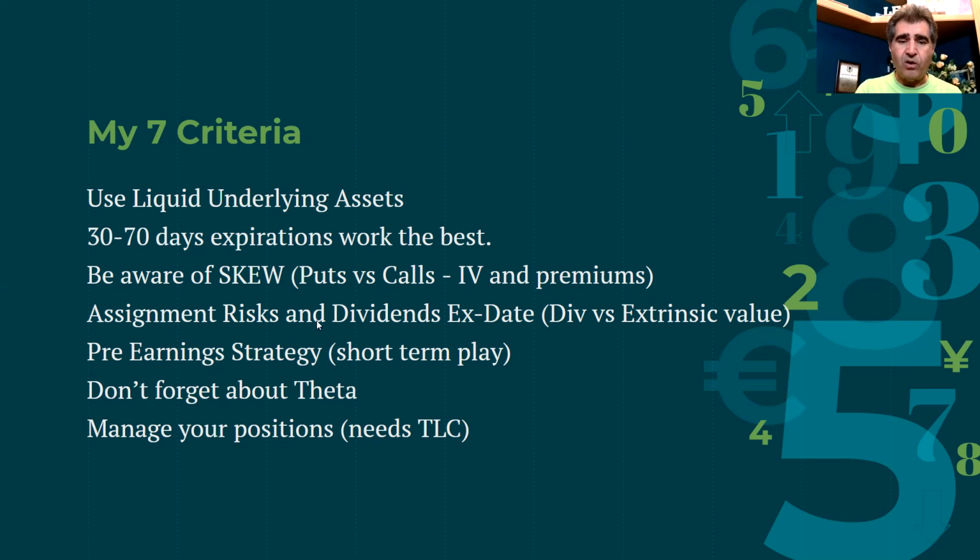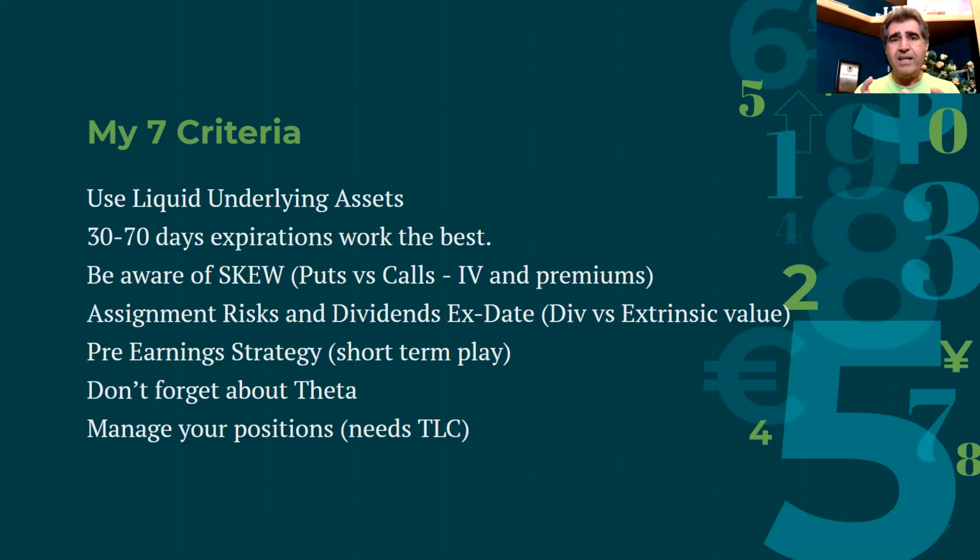One of the keys is the dividend ex-date. There are some stocks, so you have to be careful with your underlying security to see if it's a dividend paying stock. Remember that when you have the options, you don't have the entitlement to the dividend. So they want to assign, and right before the ex-date, a day before, you could be assigned.